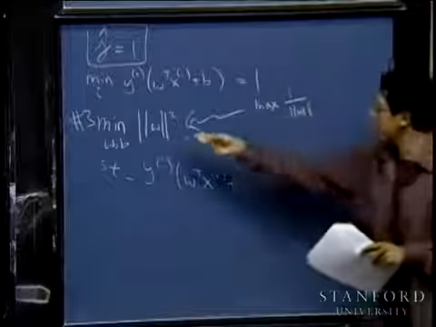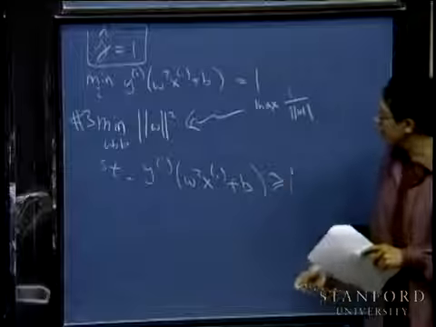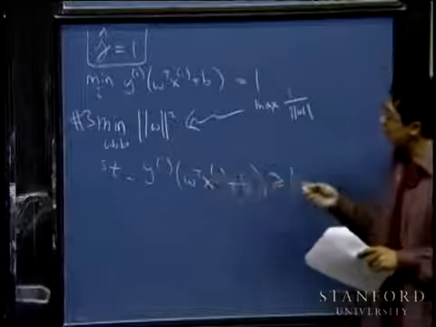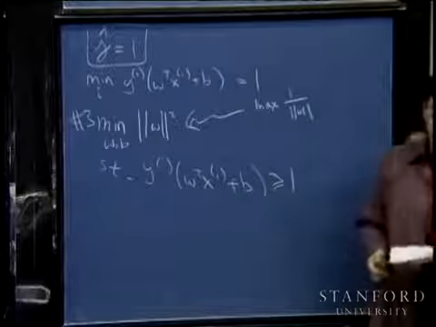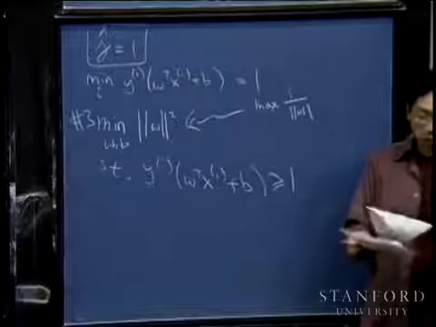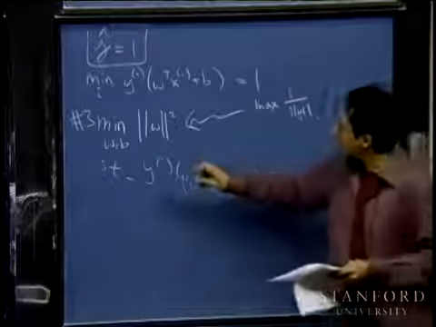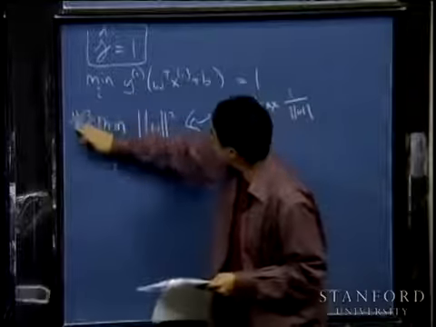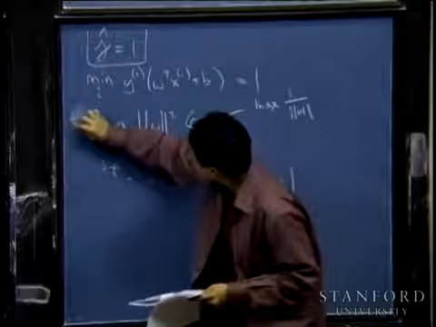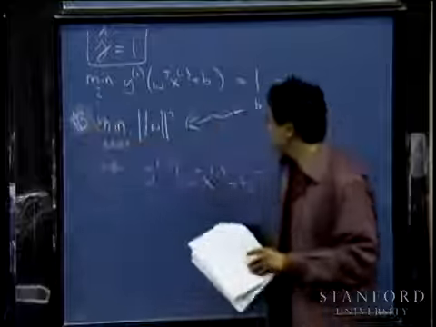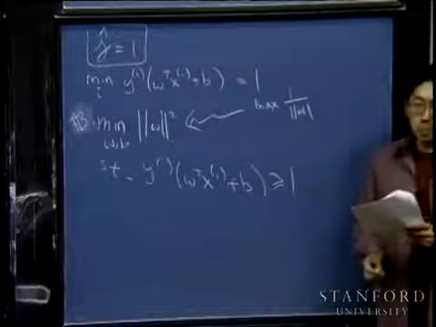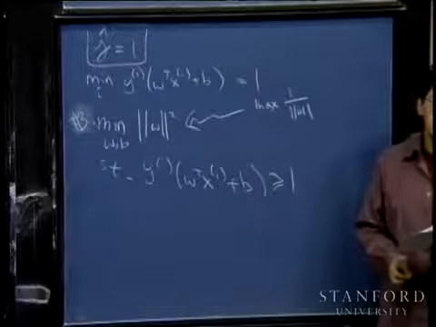Max 1 over norm of W is the same as min norm of W squared. And then these are our constraints, since I've added the constraint that the functional margin is equal to 1. And this is my final formulation of the optimal margin classifier problem, at least for now.